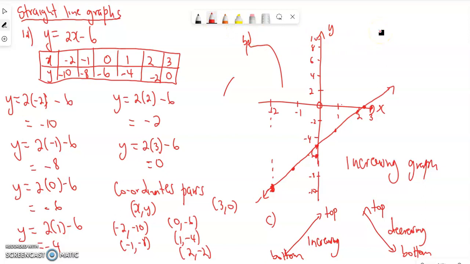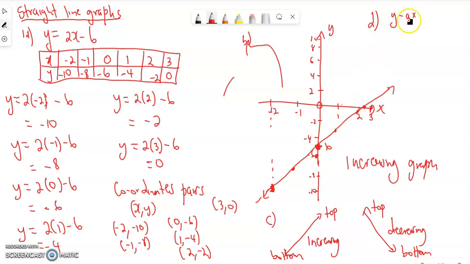All right. Then you have question 4, which is D. Give the value of the x and the y intercept. All right. So remember here we have -6, where the graph is crossing the y-axis.